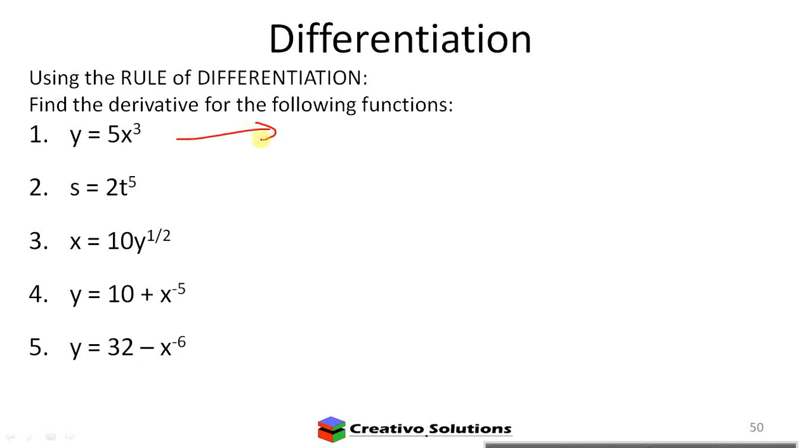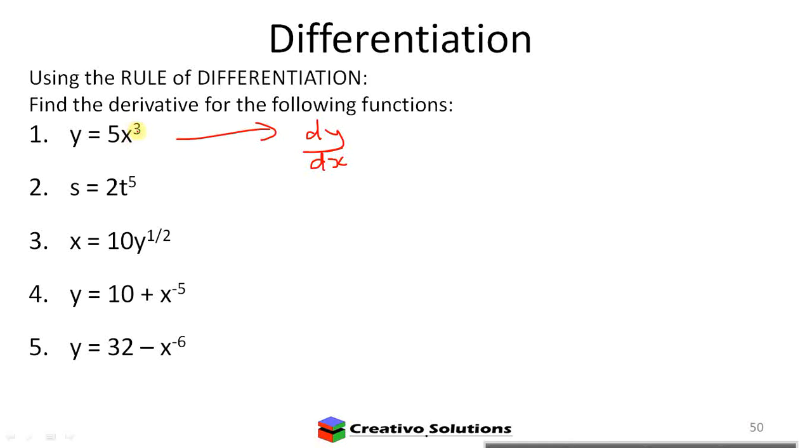So this one, dy over dx. I'll do the first one with you because it's different. When I have a constant in front of the x, I leave the constant, but I just times the number into it.